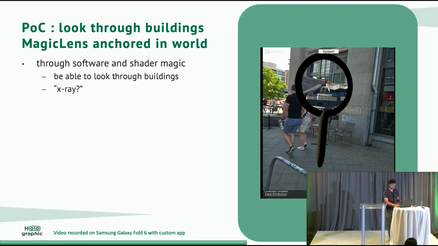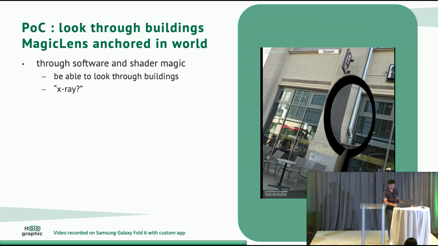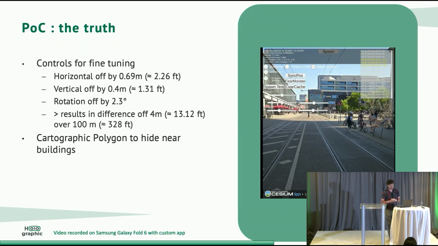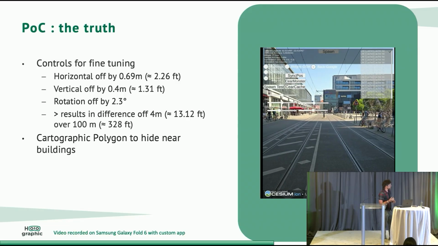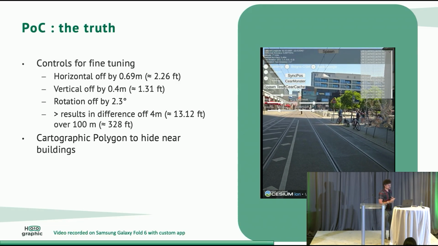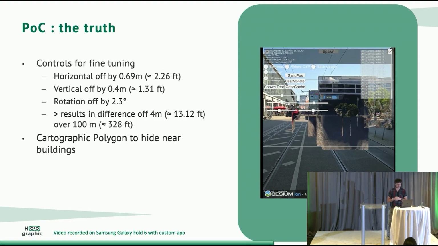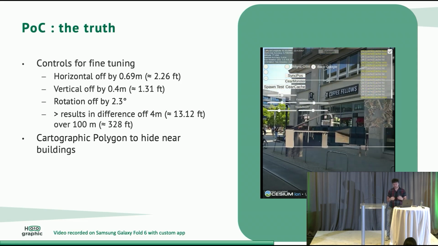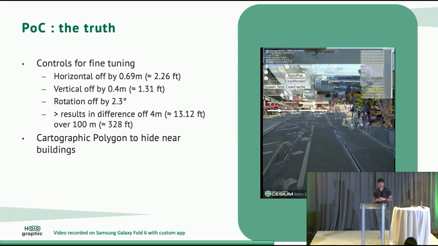And that's all nice, and I hope you really have your minds going about what would be possible. But the truth actually, I have here some debug output. If you use this Google Geospatial API and are at a really good crowded place like this one, you still have a horizontal offset of 0.7 meters, or let's say 2.3 feet.